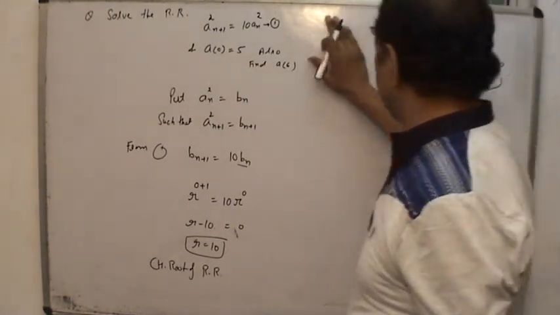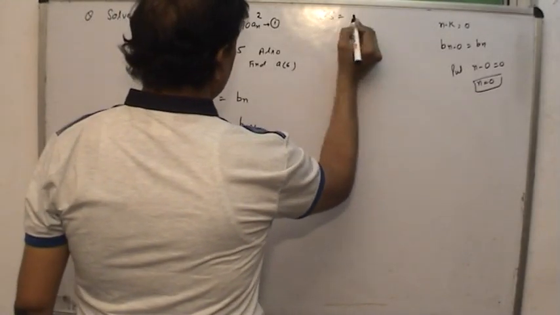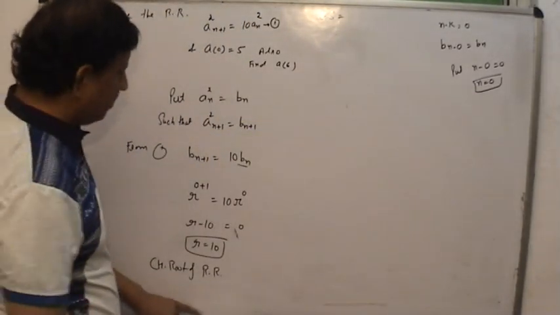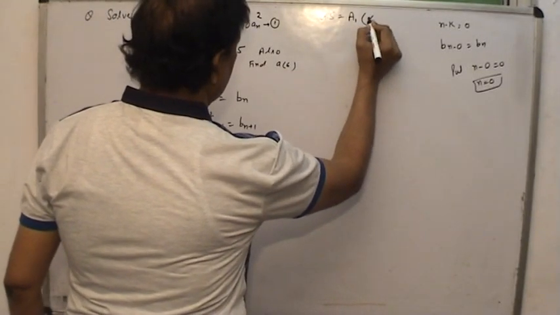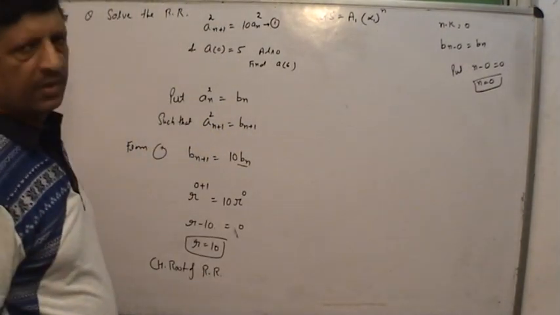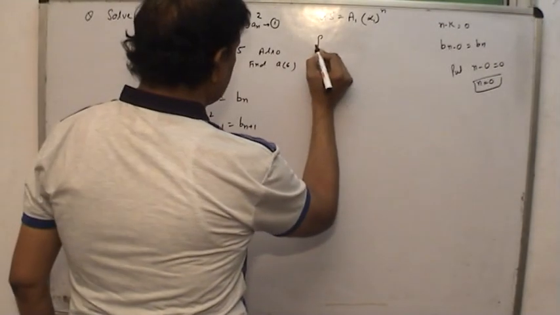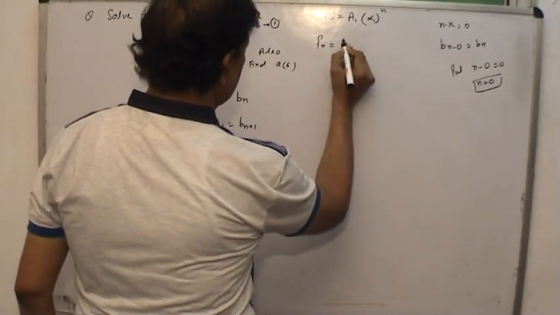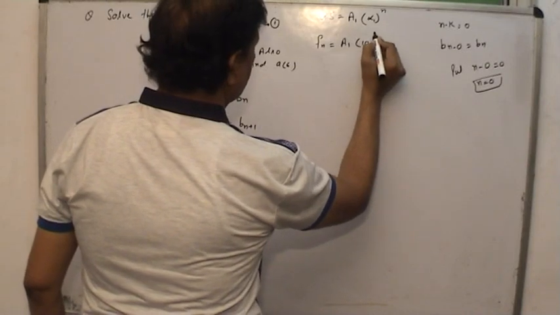The general solution is written as a1 into alpha raised to the power n. Since the root is single, we write the general solution as fn is equal to a1 into 10 raised to the power n.